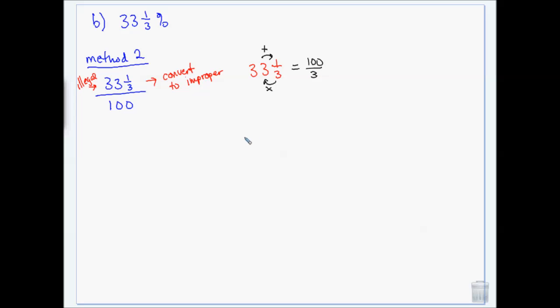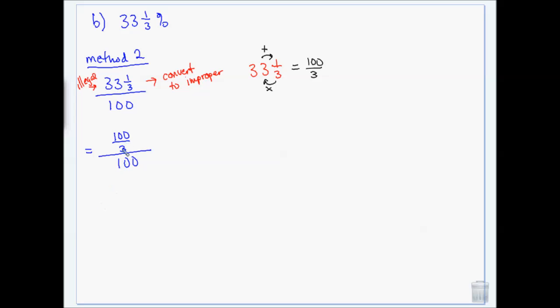So far, so good? So then I'm going to come back over here. So I have 100/3 over 100. It's still, well, I'm not done. But I have to have it as an improper fraction before I can do the next step. You can't do the next step with mixed numbers.